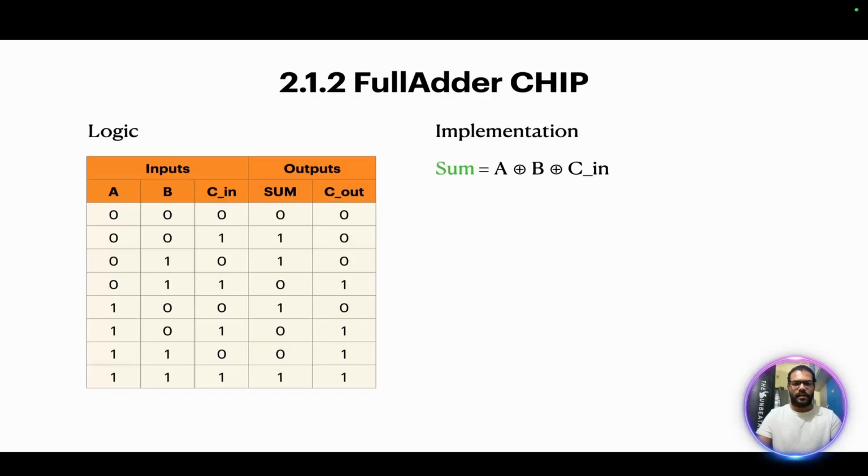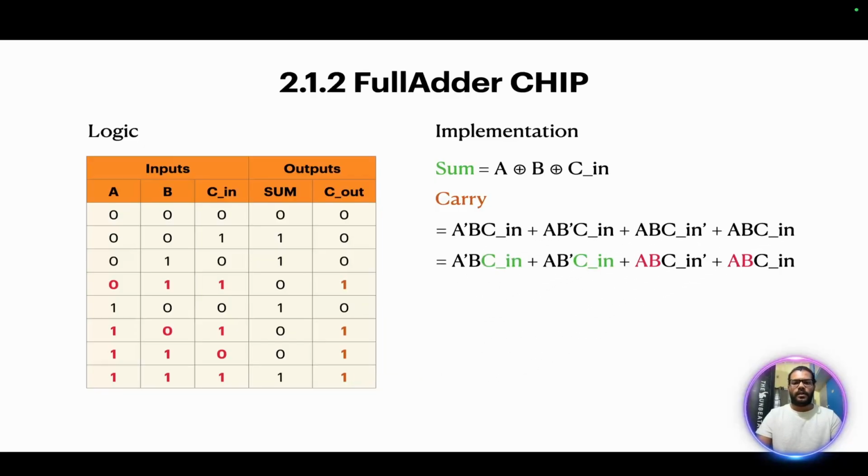Similarly, let's try and identify carry. Look at what values of A, B and C give out carry out, and try to generate an expression for that. Let's try and simplify this expression. Cn is common in the first two terms, AB common in the last two terms.